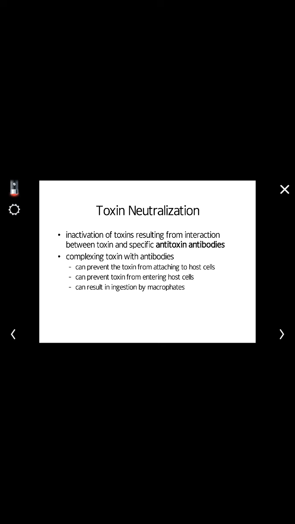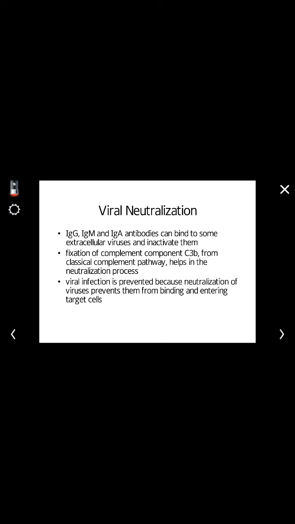Complexing toxin with antibodies can prevent the toxin from attaching to host cells and can prevent toxin from entering host cells. It can result in ingestion by macrophages. So macrophages can come in and clean up the toxins when these antibodies surround the toxin. Say this is a toxin and antibodies surround it. Macrophages come in and eat that.